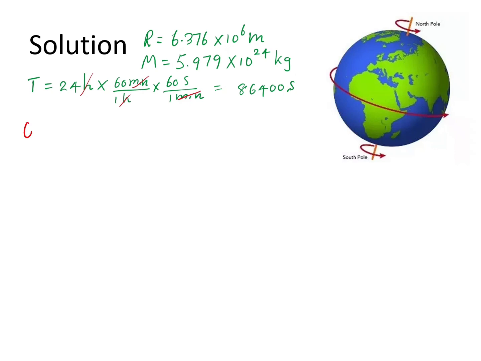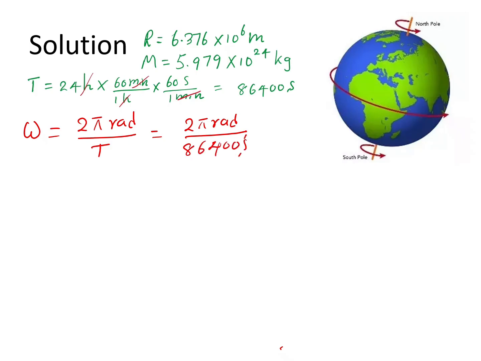So the angular velocity omega equals 2 pi radians divided by the period. So this is 2 pi radians divided by 86,400 seconds, and this equals 7.272 times 10 to the power minus 5 radians per second.